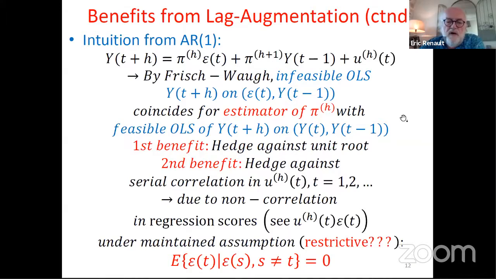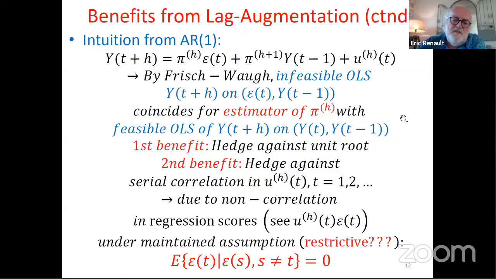At least if you are ready to maintain this weird assumption, that the innovation epsilon is not only a martingale difference sequence to get the central limit theorem, but also a martingale difference sequence with respect to the future, if I may say that. I will be glad to get comments from you, because this has been written very recently and it is not clear to me yet how restrictive this assumption is.